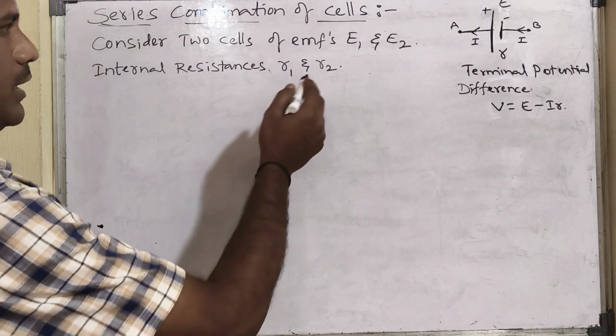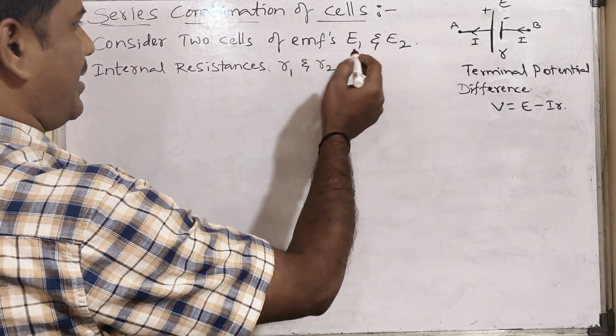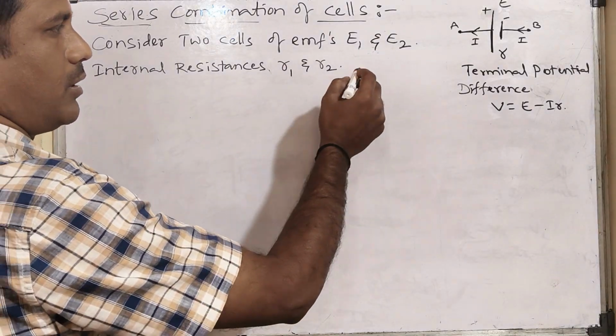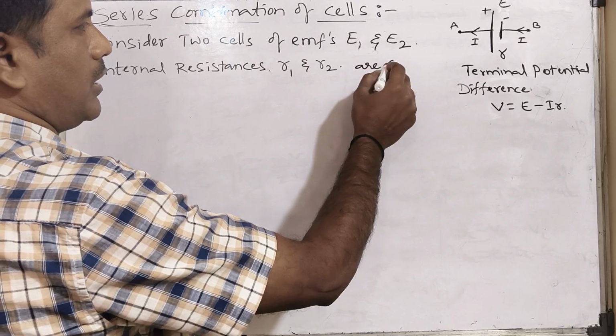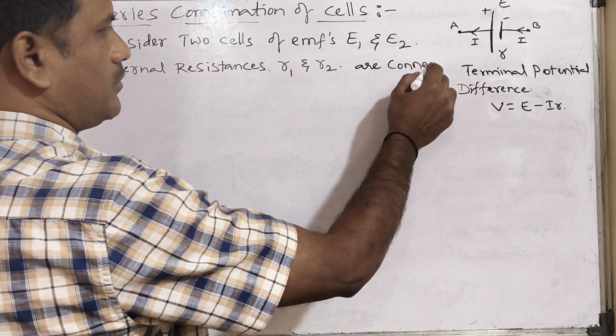These two are connected in series. Cells with EMFs E1, E2 and internal resistances R1, R2 are connected in series.